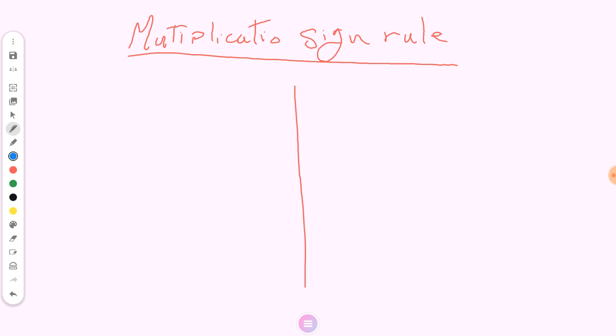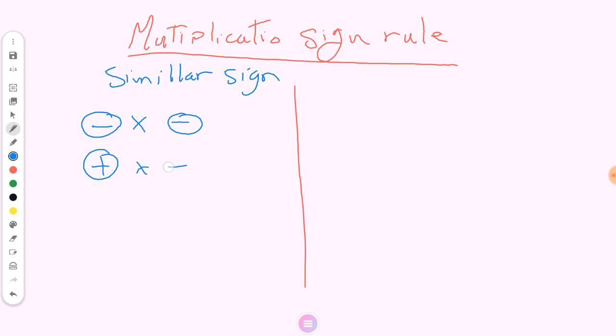One, if the signs are similar, as negative multiply negative, or positive multiply positive, always the sign is positive. So when multiplying two similar signs, the sign will always be positive.